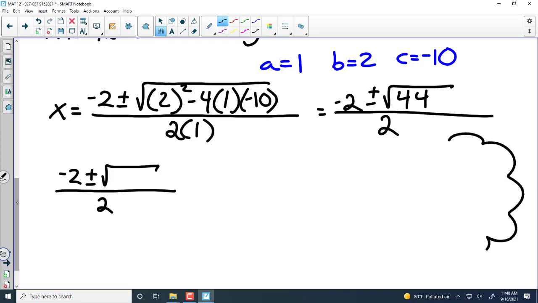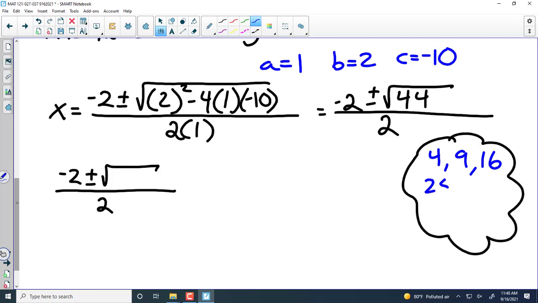Well, what are the perfect squares? There's 4, 9, 16, 25, 36, 49. Those are the numbers we know the square root of. Can we pull any of those out of 44? 4, yeah. We can rewrite this as 4 times 11.